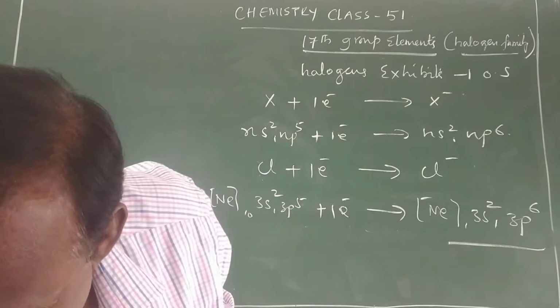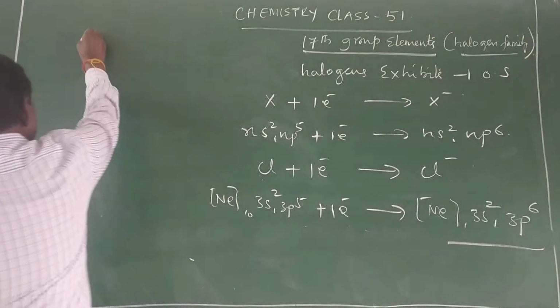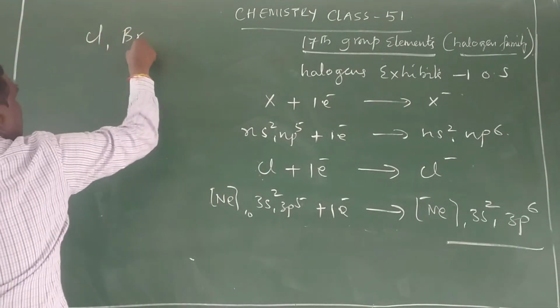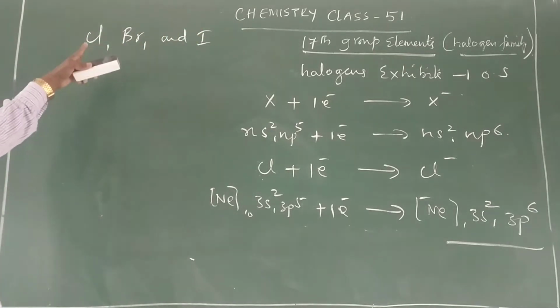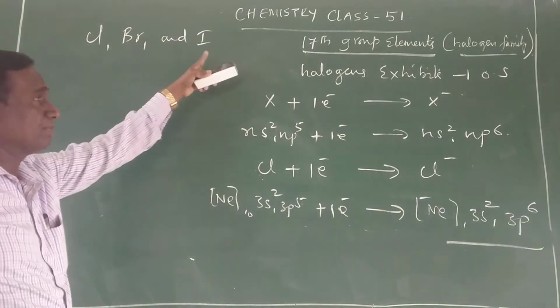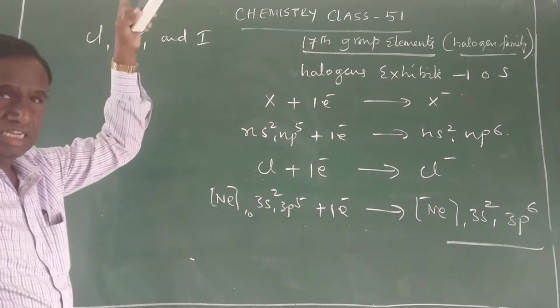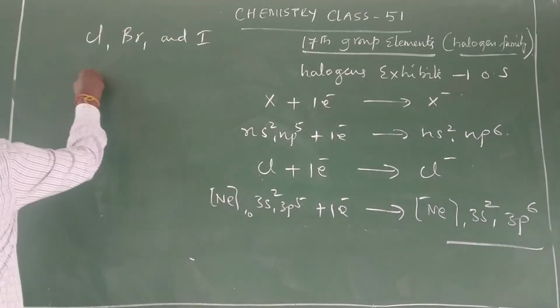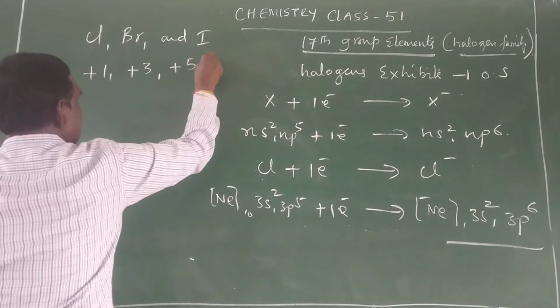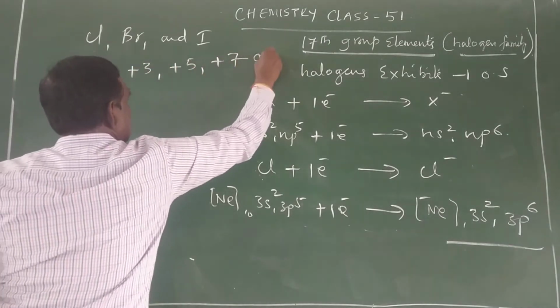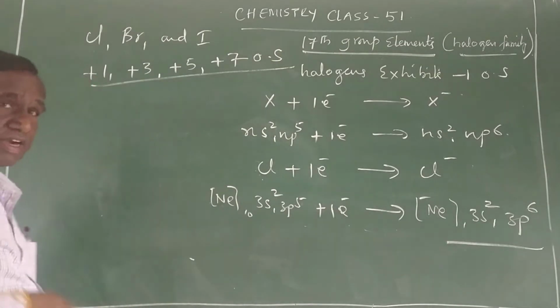After that, remember Cl, Br and I, that is chlorine, bromine and iodine, exhibit +1, +3, +5 and +7 oxidation states in different excited states.